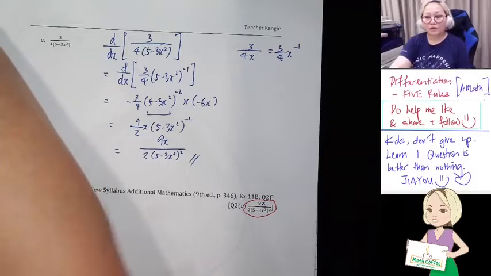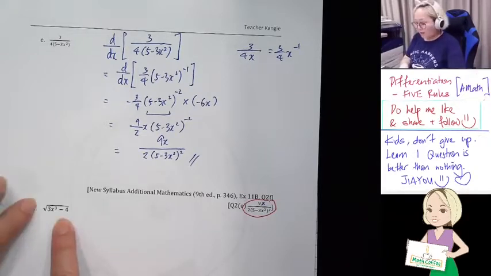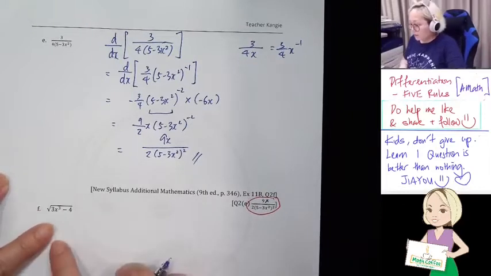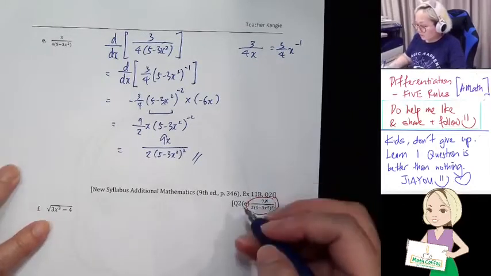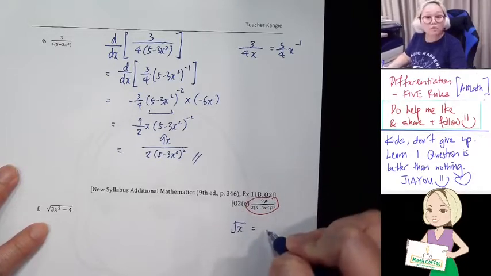Okay, Michelle, thanks for the response. Okay, so let's continue. So f, this one is square root. Remember previously, when we have square root x, we say that square root x is x to the power of half.